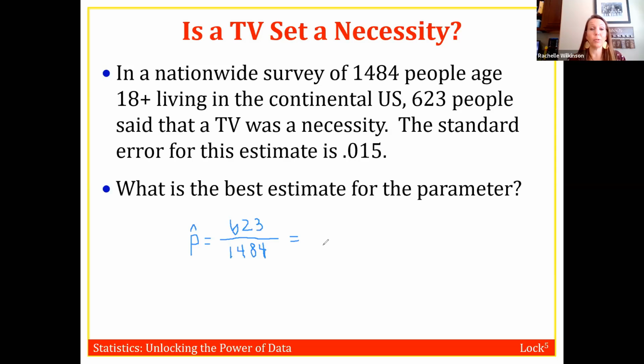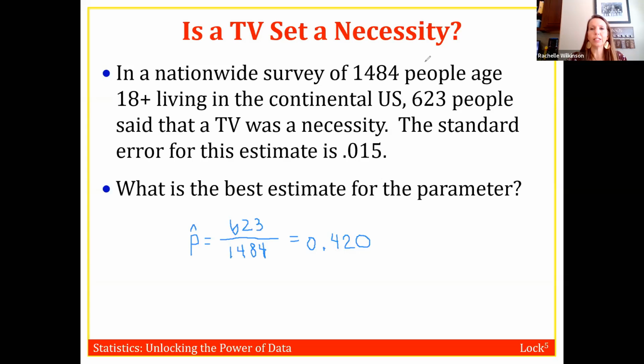You're going to get in trouble if you round too much in this class, especially once we get into some of the later chapters. So carry out at least 3 decimals unless specified otherwise. In this case, 0.4198 rounded to 3 decimals is 0.420. So P hat is equal to 0.420. Basically, that's my best estimate for the parameter.